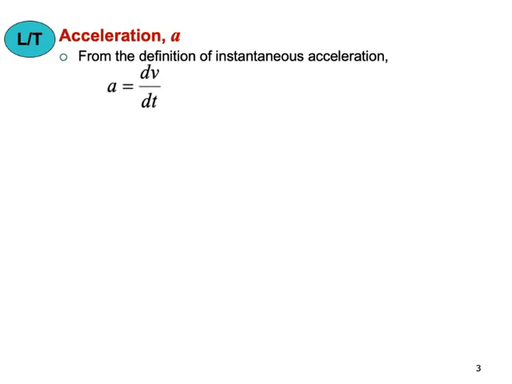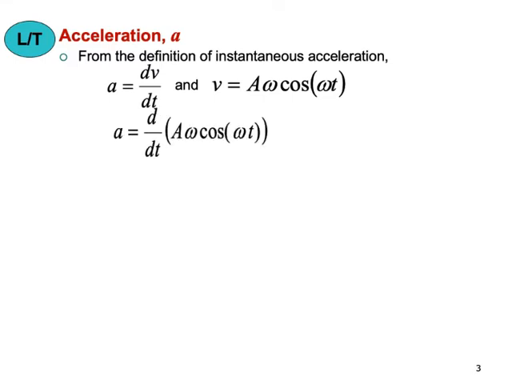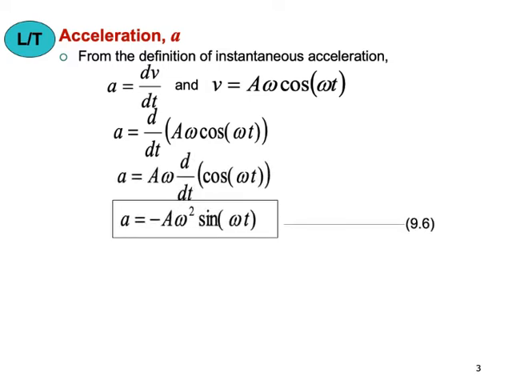Acceleration in simple harmonic motion. From the definition of instantaneous acceleration, a equals to dv over dt and v equals to A omega cos omega t. Then we differentiate v. Finally, we get equation for acceleration is a equals to negative A omega squared sine omega t.